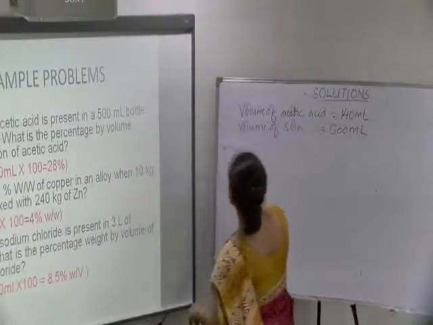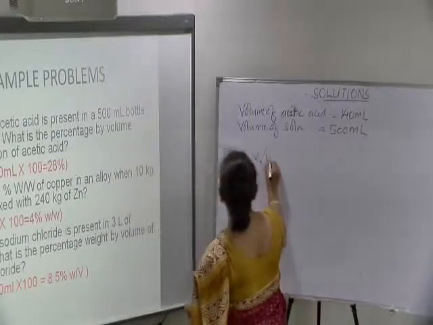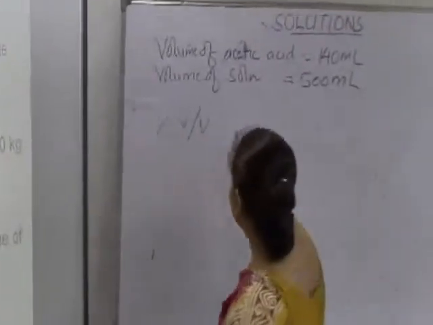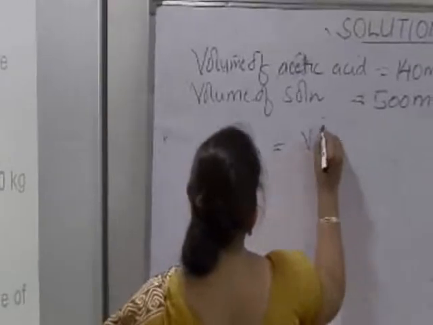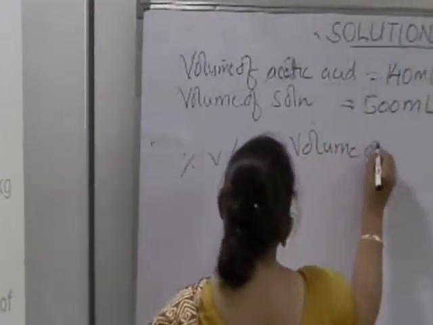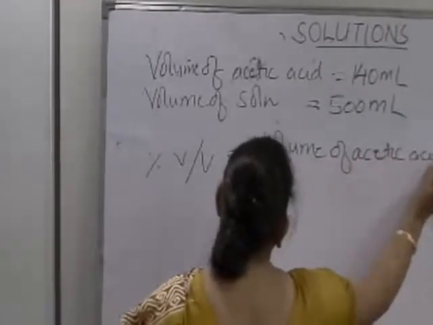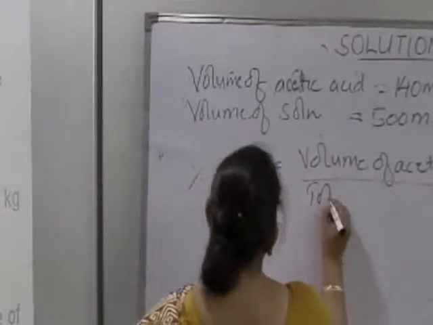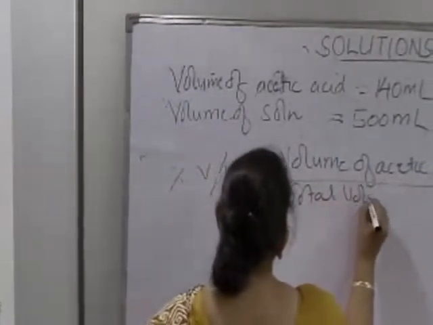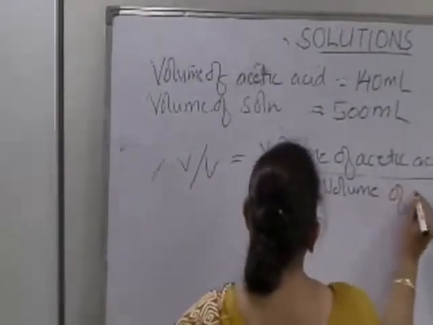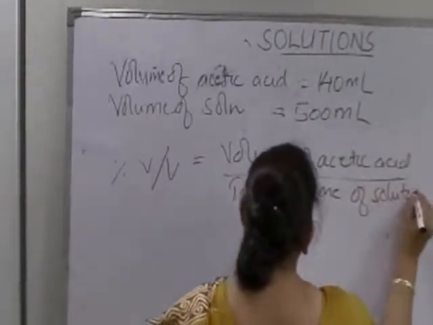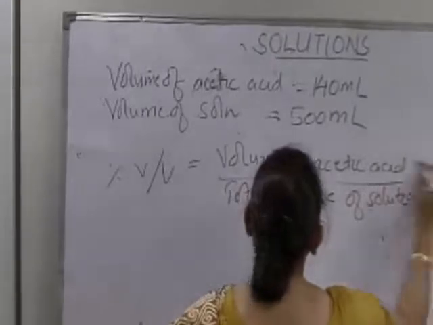So if you are asked to find percentage volume by volume, then the formula, if you remember, is the volume of solute, that is acetic acid in ml, upon the total volume of solution into 100.